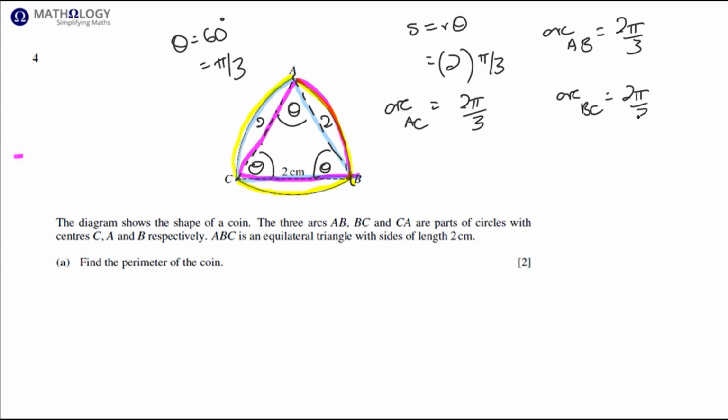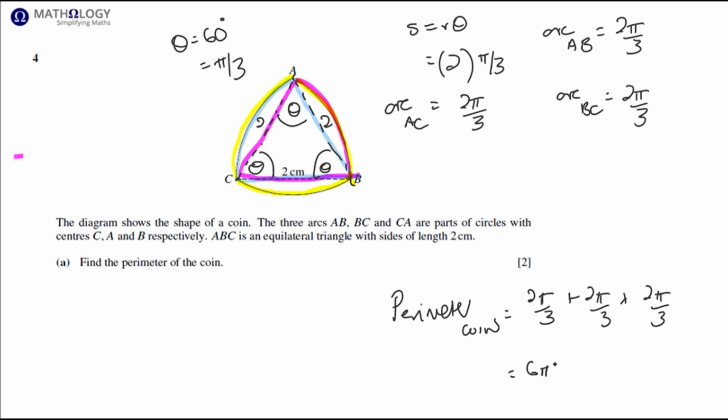There's no need to go and do all this working out again because we're dealing with an equilateral triangle. So the perimeter of the coin will be 2 pi by 3 plus 2 pi by 3 plus 2 pi by 3, which is 6 pi by 3, which is 2 pi. So the perimeter of the coin is 2 pi centimeters.